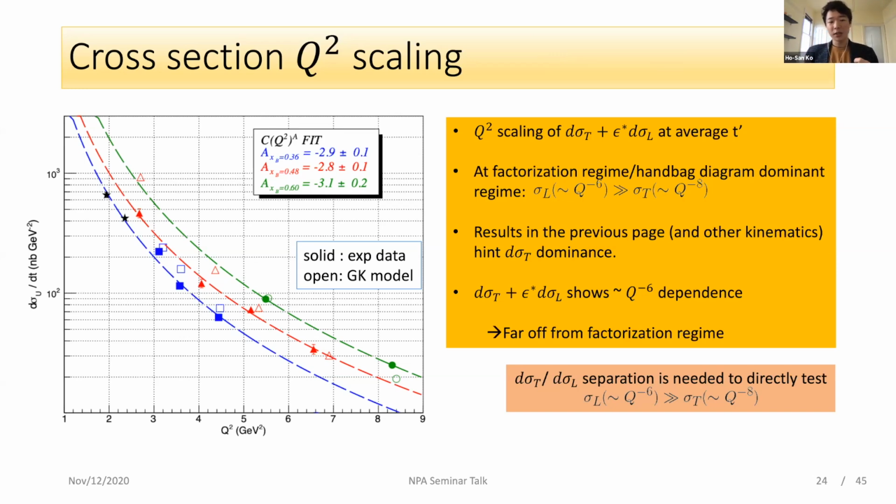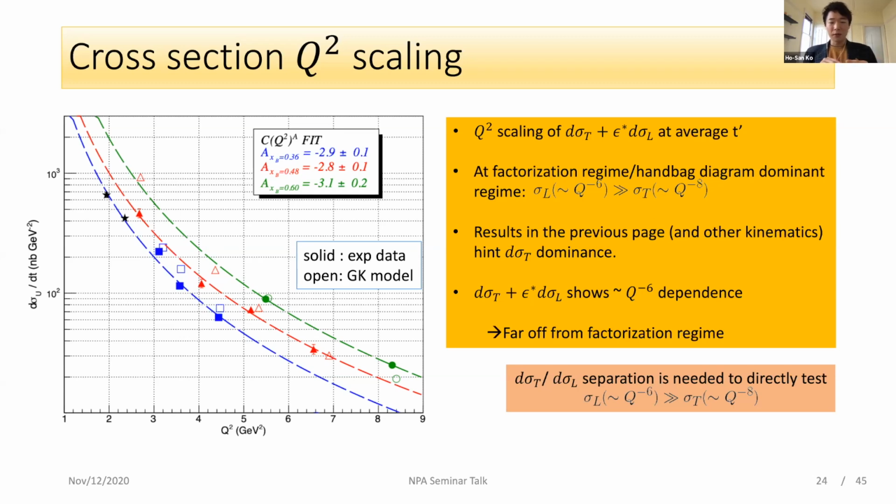And when we actually see the Q-square scaling, it goes like Q-square to the minus 6, which is not the case for sigma L dominance. So we see that Q-square is still far away from this asymptotic limit.